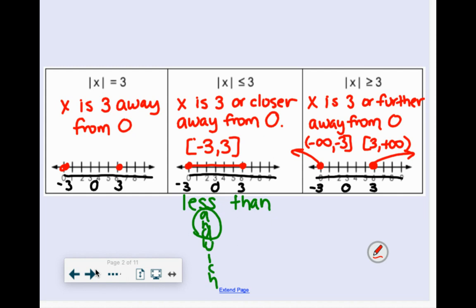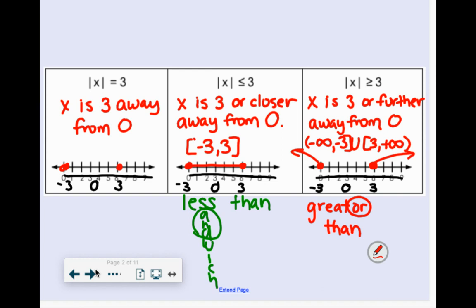And this is where it starts getting pretty important that you write your interval notation in the right order, otherwise it's going to look confusing. And whenever you have two intervals like this, you're going to put a U in between them. Okay? And I call this great-or than, because we are going with an or situation here where they go opposite directions and we have to include both intervals.